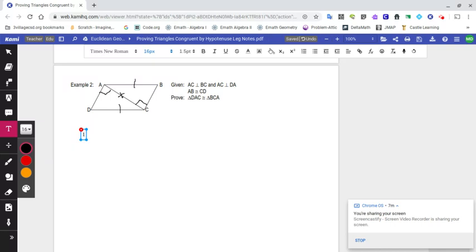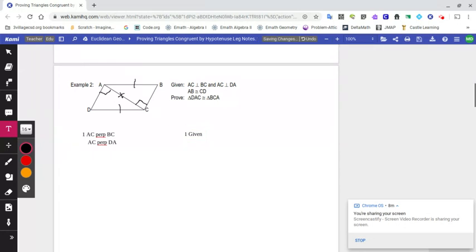So we start the proof. Step 1, I'm going to say AC perpendicular to BC, and I'm going to combine those two, AC perpendicular to DA. I can combine them because they basically say the same thing with the same reason: given.